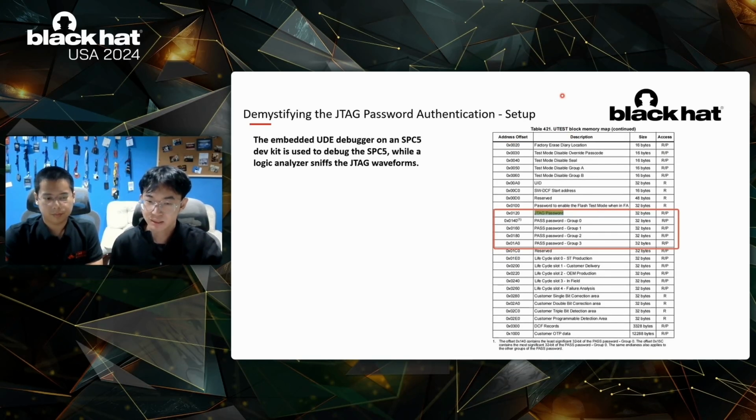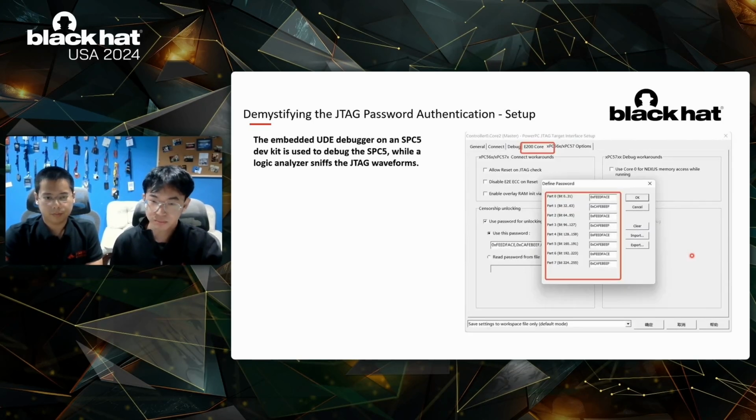In order to start analyzing the authentication process, we first had to set a known password in the MCU. So we did. In the UDE user interface, when attempting to connect to a locked SPC58 MCU, we need to provide a password for the JTAG lock.